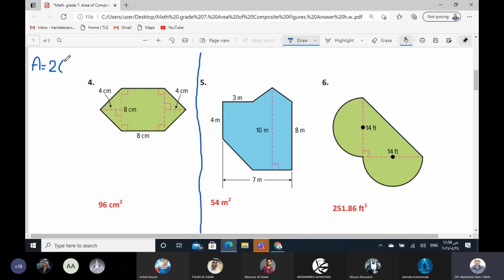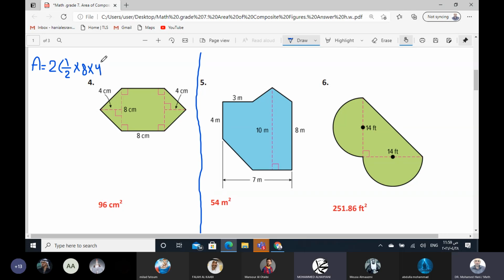As you remember, the area of the triangle is 1 over 2 multiplied by the base. The base will be 8, multiplied by the height. The height will be 4.